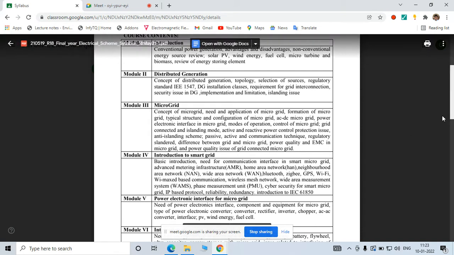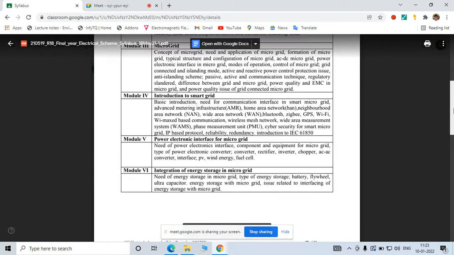In module 5, the power electronic interface and microgrid. Once you analyze the data, you have to take action, or make provision to utilize that data in a better manner. So how to control that with the help of power electronic switches.